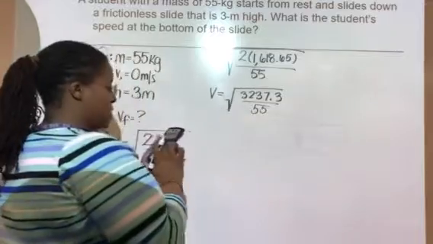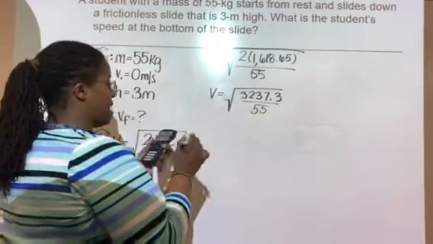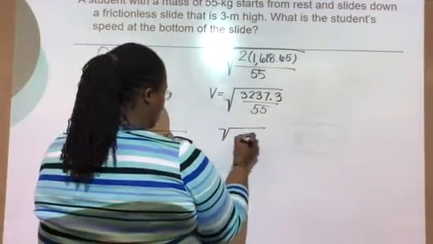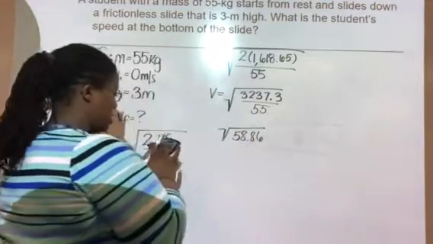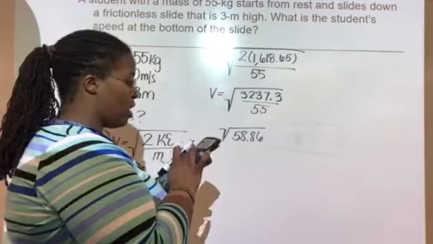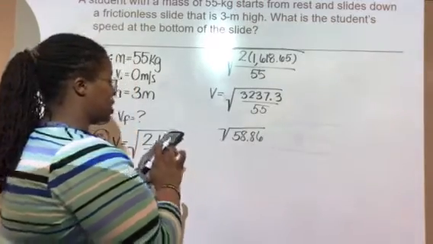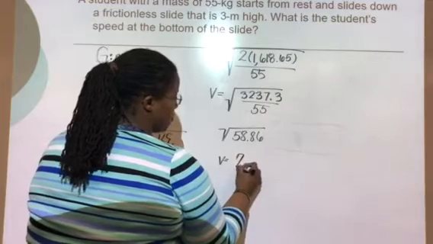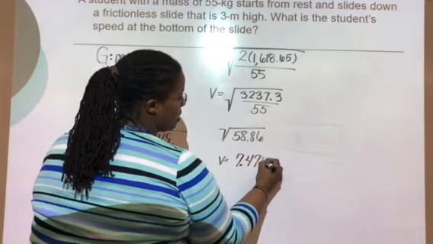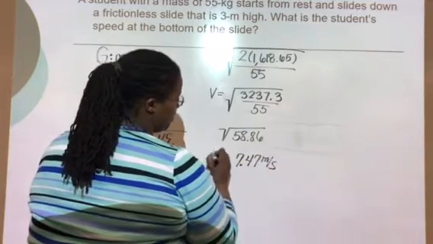We're now going to divide our answer by 55. And last but not least, we'll take the square root. And our final velocity comes out to be 7.47 meters per second.